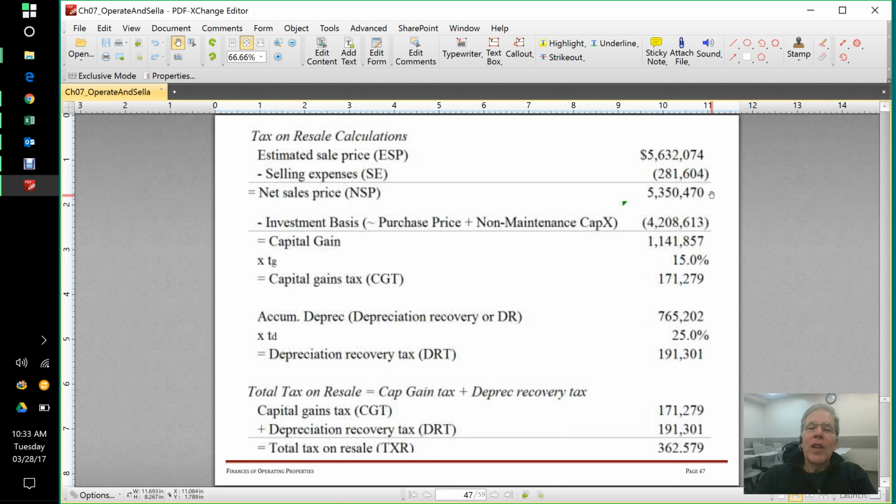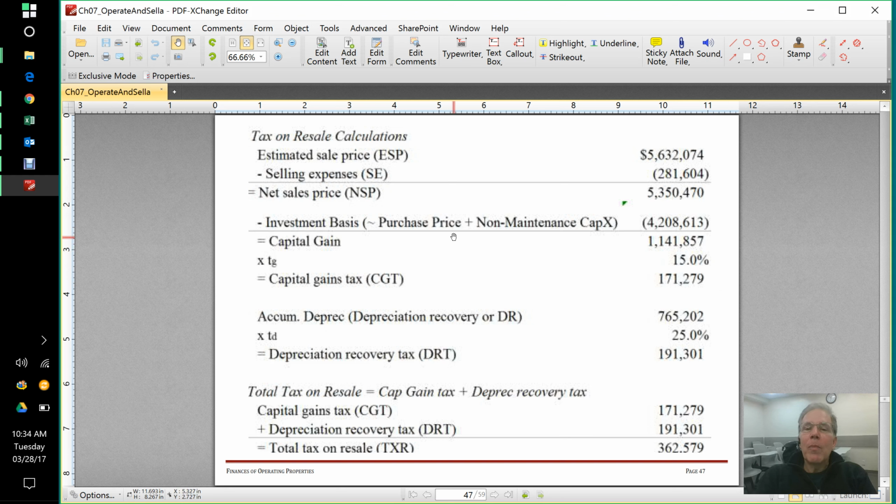So you work with that to compute your capital gains tax, and then you subtract your investment basis, and they don't care about how you financed this purchase, right? What was paid for this property was $4.2 million. They don't care that you got a mortgage to help you make that payment. So the capital gain here is $1.14 million. 15% of that is $171,000.